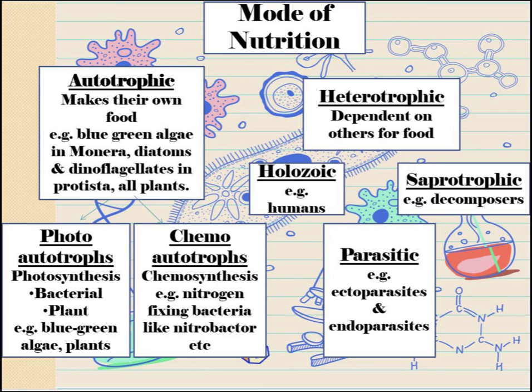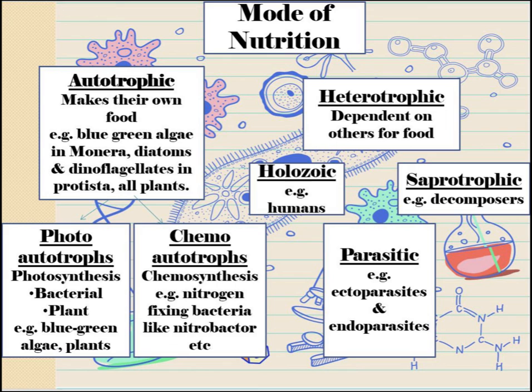And there is another type of heterotroph that we need to understand, that is the parasites, or the parasitic. Okay, the ectoparasites and endoparasites. We know what the parasites are. Parasites stay on your body, but they don't contribute anything to your body, they only live on your body's materials.